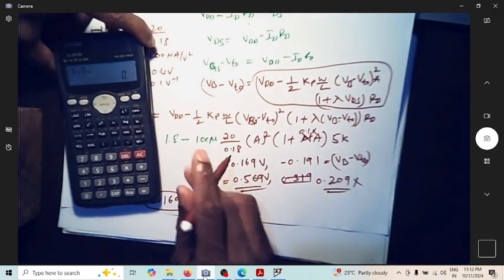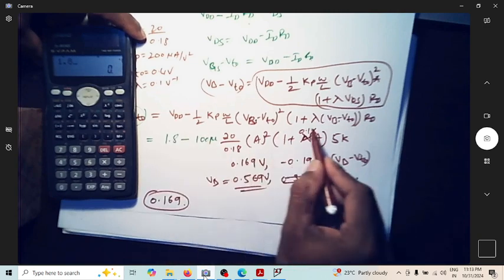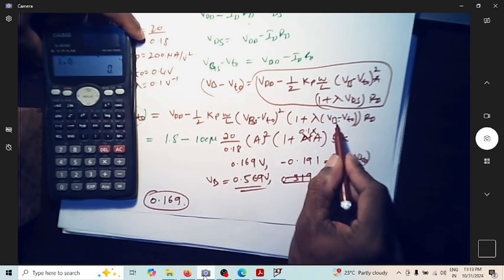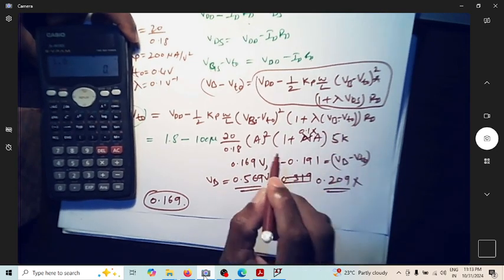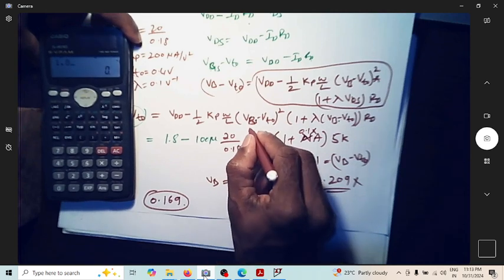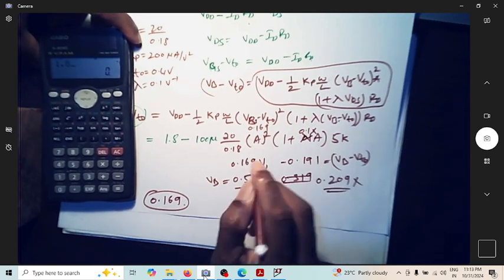expression, or you can just take this expression, because we know what this VB is now. For VB minus VT, we already know it as 0.169.